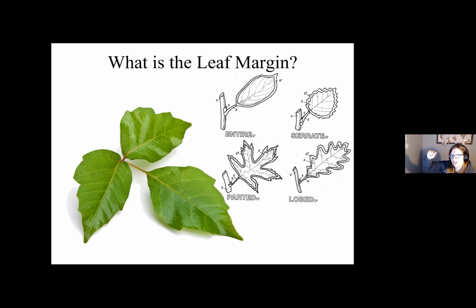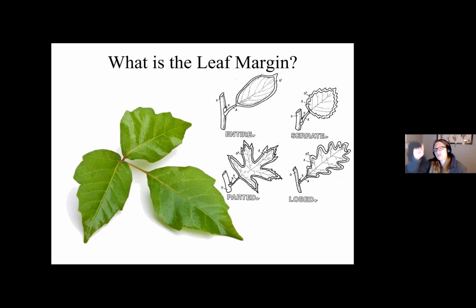Parted is if it's divided more than halfway to the midrib, which is that center big vein that you usually see. And if it's divided really deeply, where it looks like it might be a compound leaf but it's not, we'd say that it is divided.